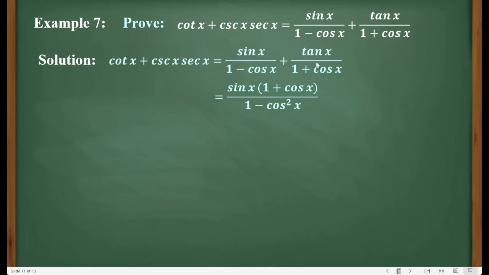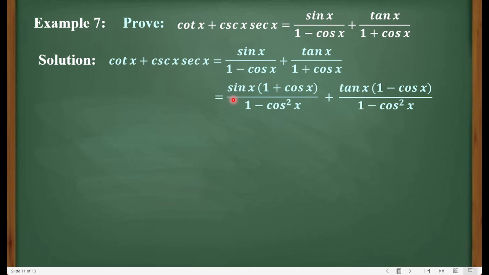If we combine the two, the numerator becomes what? Sine x times the quantity 1 plus cosine of x. When we divide by 1 minus cosine of x, we will have 1 plus cosine of x times sine of x.